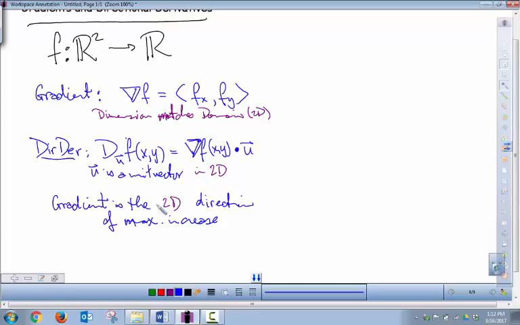It's a two-dimensional direction of maximum increase. And then we also note that the gradient is perpendicular to the level curve.